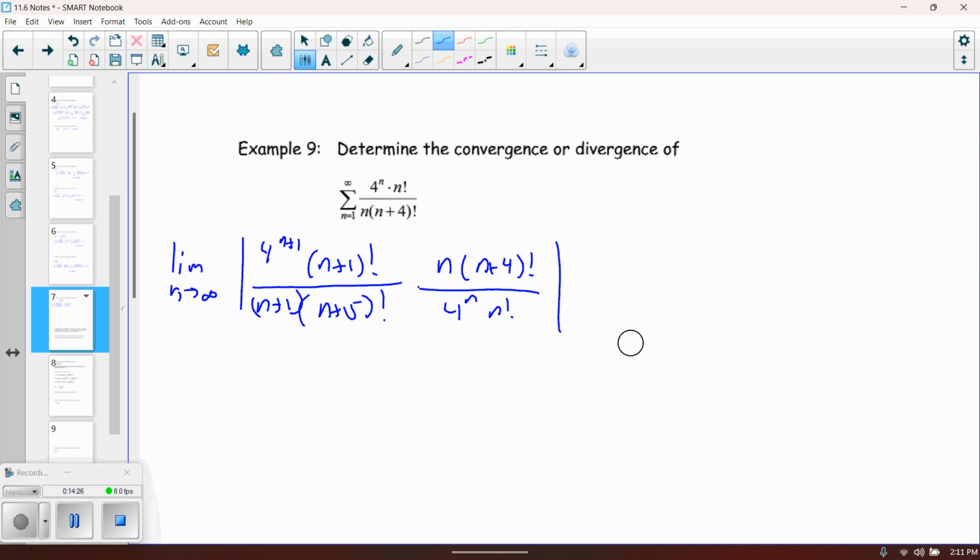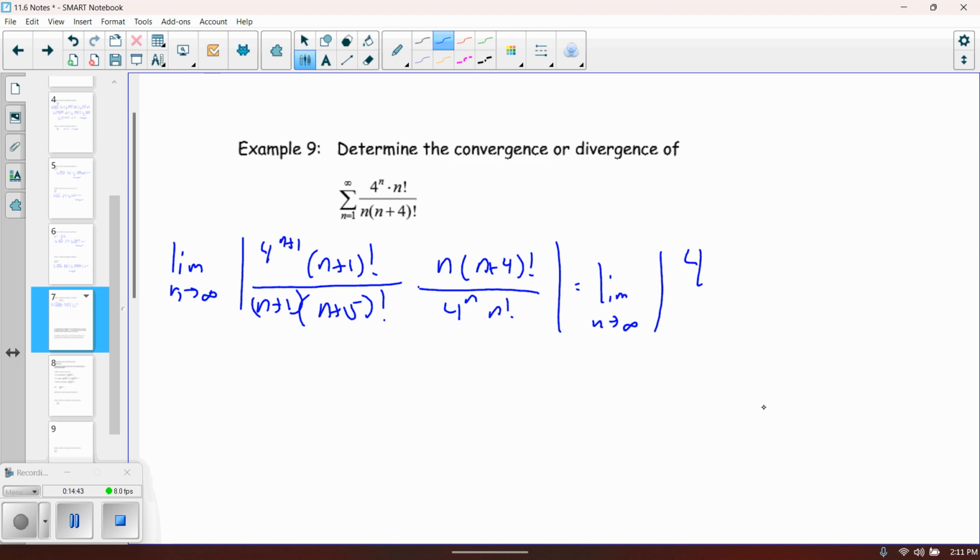Wow, okay. A lot of stuff going on here. Let's simplify. So the easiest thing to simplify so far looks like the 4 part. That's just going to give me a 4 on the top.